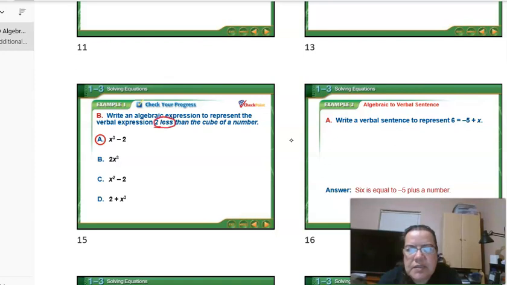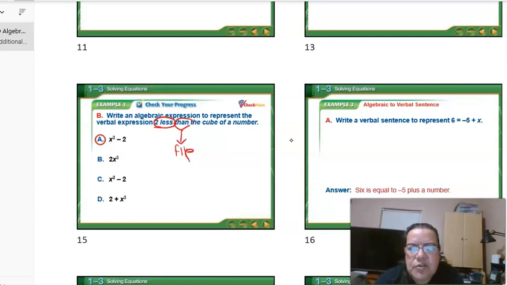So, 2 less than. Than is an important word, because if you see than, you flip. You don't start writing 2 less first, you write it after. So 2 less means I have to subtract 2, so I write it over here. Then this part I'm going to write over here. And it tells me to take the cube of a number.